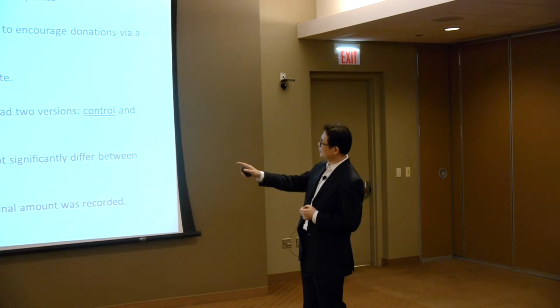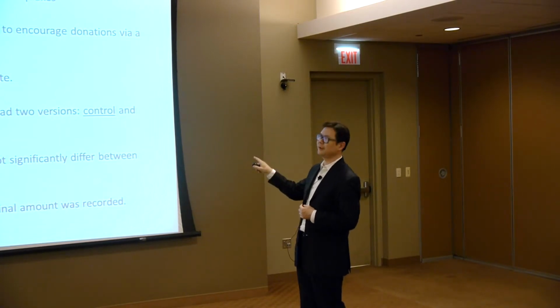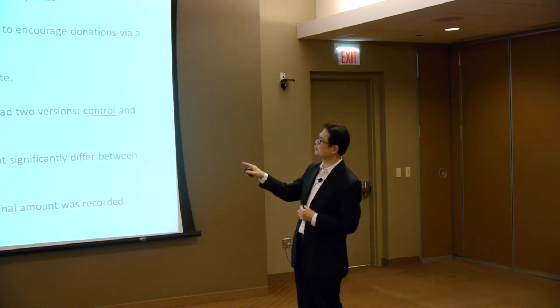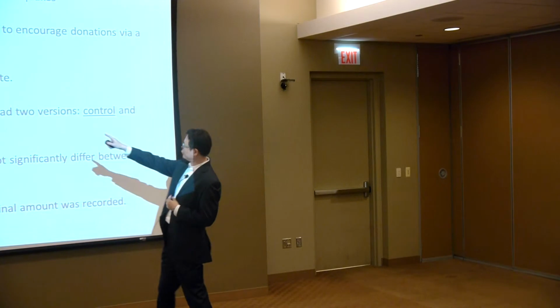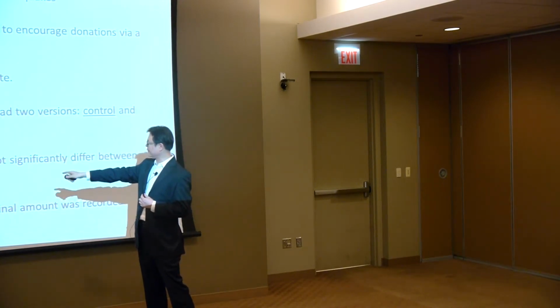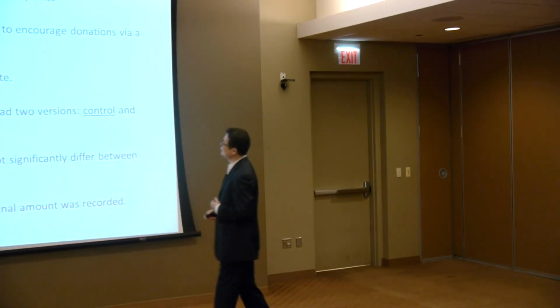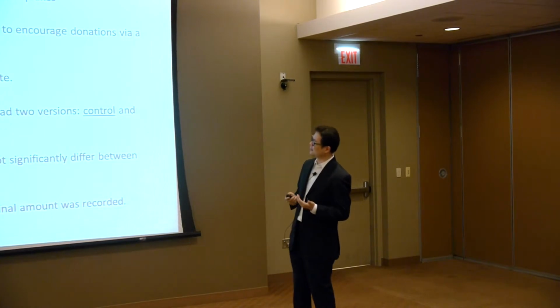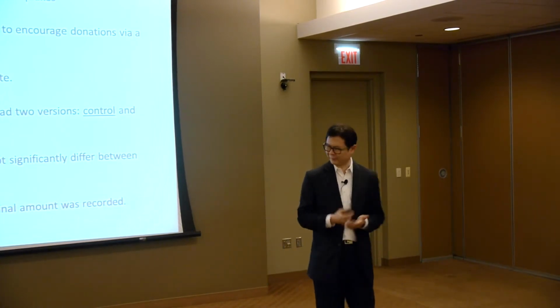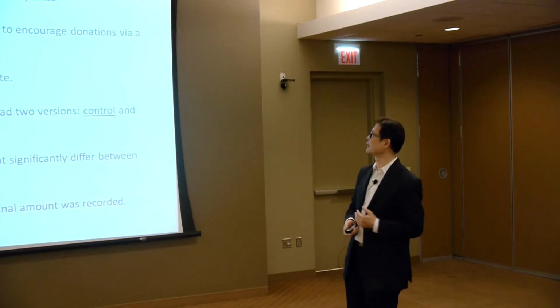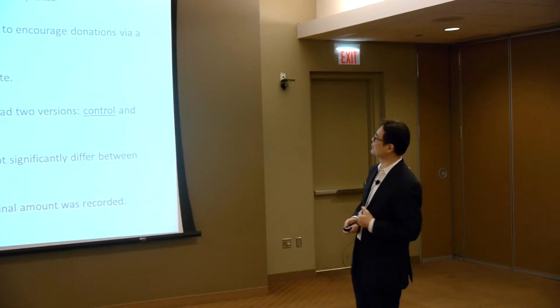First of all, this unit asking manipulation didn't influence the web visitors who eventually donated. Among the 320 web visitors, 54 versus 62% eventually donated, and these two percentages are not significantly different.